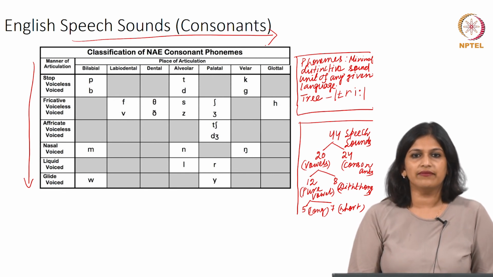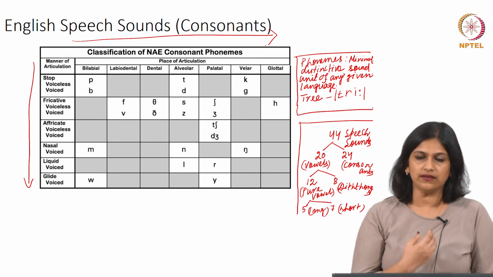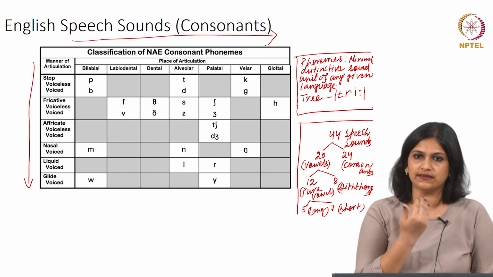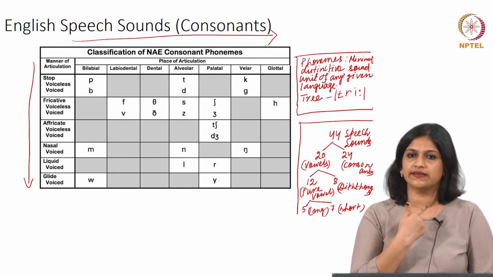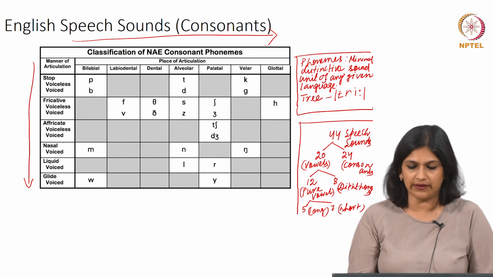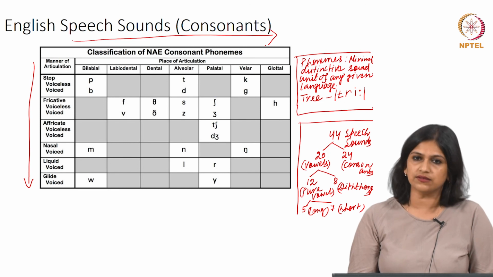Then it is alveolar. So, the alveolar ridge is the primary speech organ. Then palatal, the palatal region comes after the alveolar region. And then you have the velar, which is related to the soft palate and uvula inside the mouth cavity. And finally, glottal, also the uvular region.